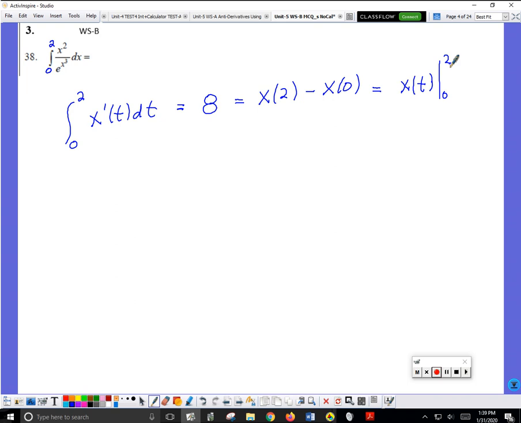No different than long ago, someone drew this. You memorize that that's A. There's no reason it's A other than they told you. So that line stands for subtraction, because it means take 2, plug it into x, subtract 0 plugged into x.